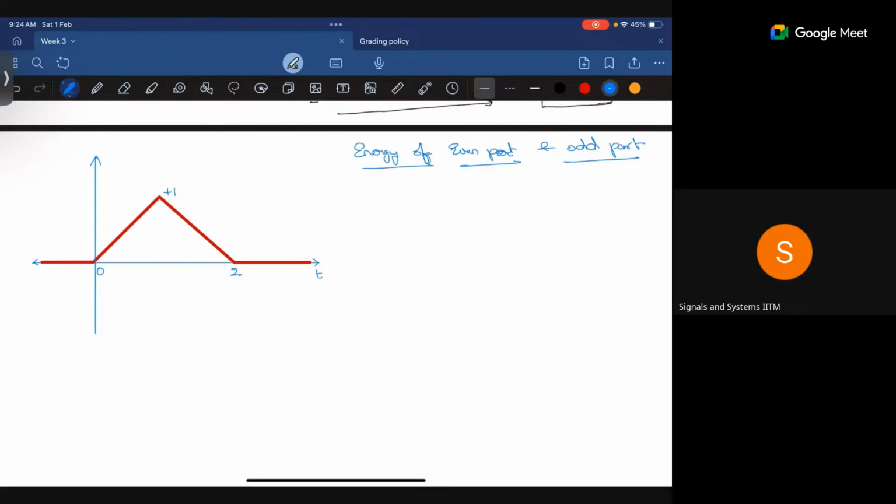What we have to do first is draw the even part and odd part carefully. So, what will be the even part of this signal?